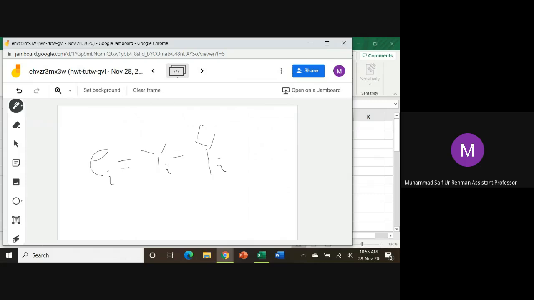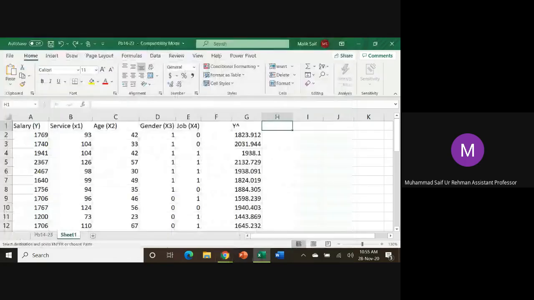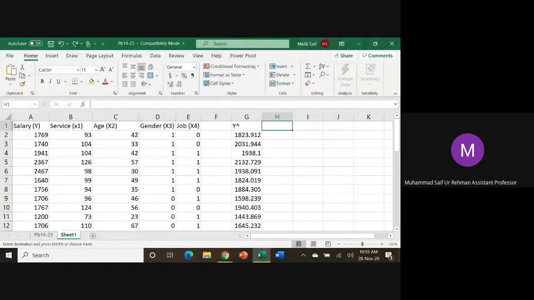Okay, so now we are interested in finding the residual values. How will we find them? It is very simple. You will simply write down e here and come down, press the equal sign, and now you are interested in the difference of the actual value, that is the actual salary in this case, y, and you have to subtract the fitted or predicted value from that.